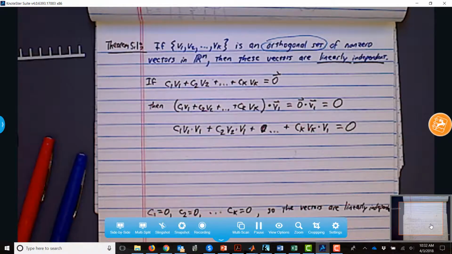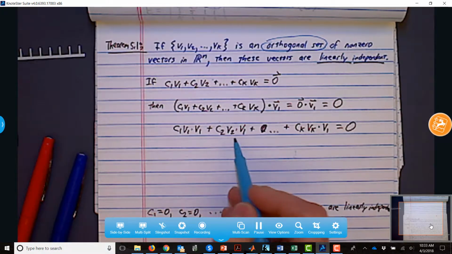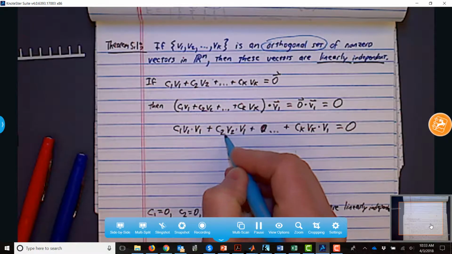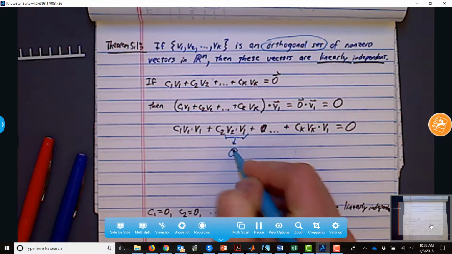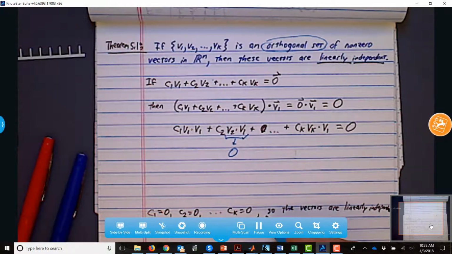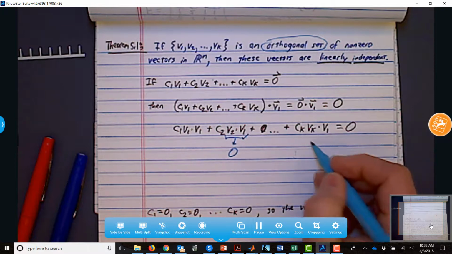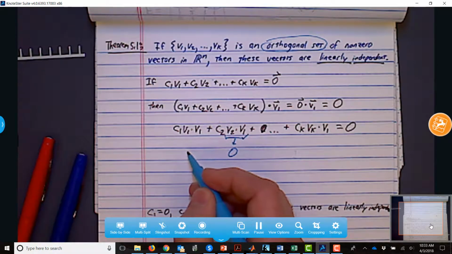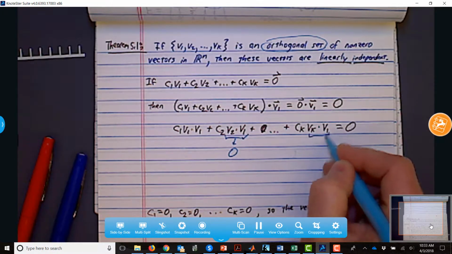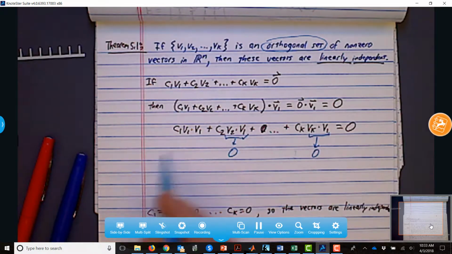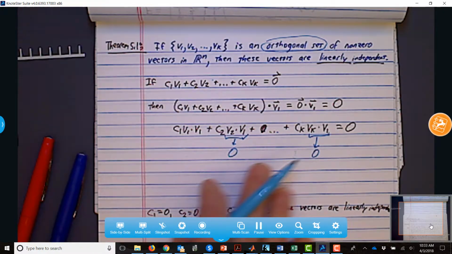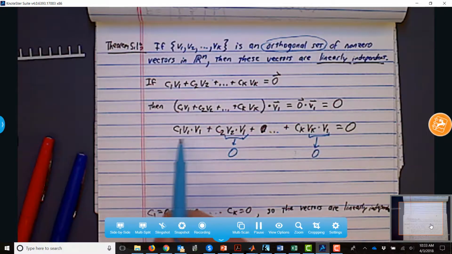Now, the fact that the set is orthogonal tells me something. What do I know about V2 dot V1? That's 0. Because any two, matter of fact, they're all 0, except the only thing I don't get from this is V1 dot V1.